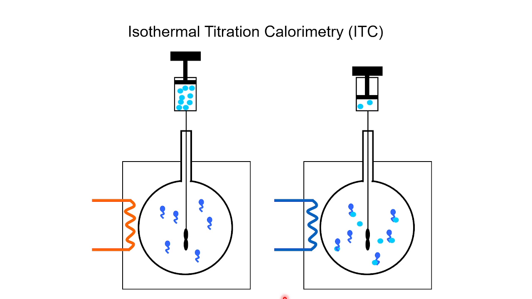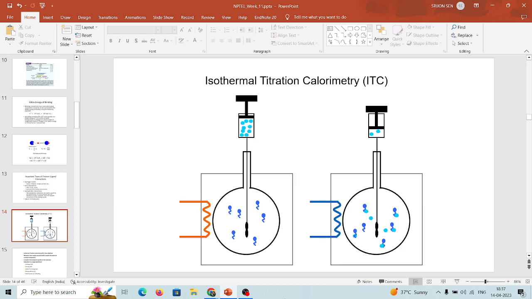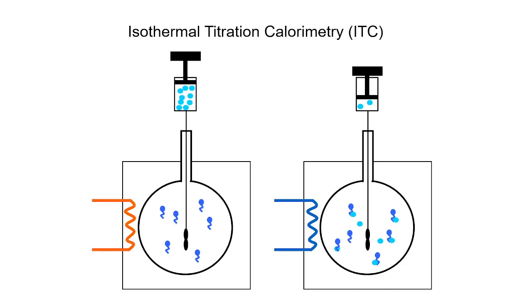Okay, so with this we come to the end of the basics of binding. Now we will be speaking about a few techniques by which we can understand protein ligand interactions. So the first technique is isothermal titration calorimetry, or ITC.